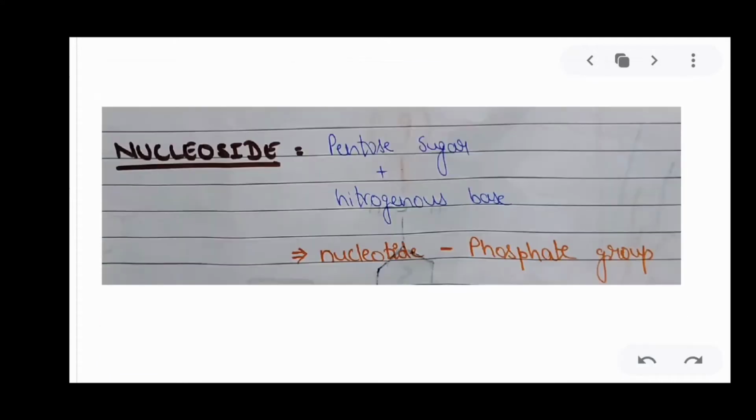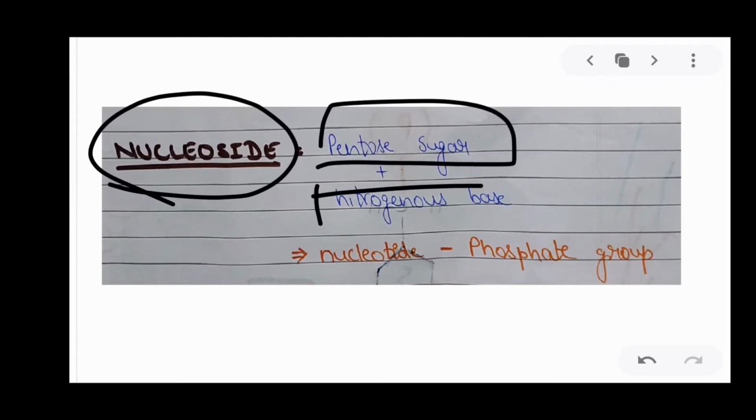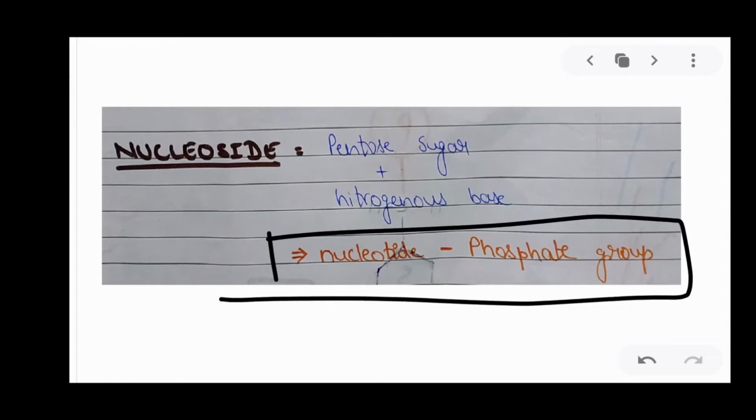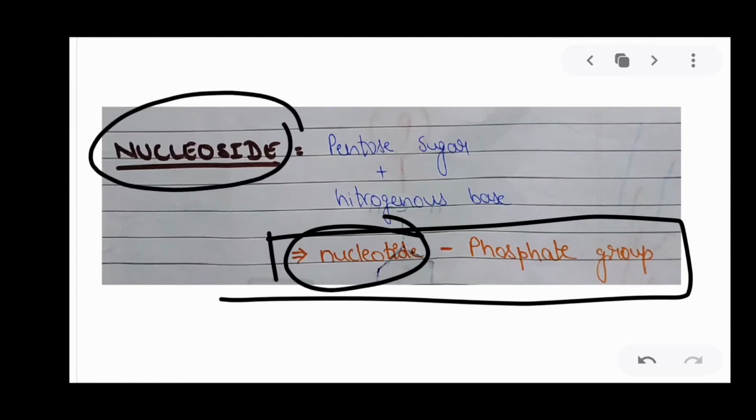Then what do you mean by nucleoside? Nucleoside is just the combination of two components, the pentose sugar and the nitrogenous base. You can also say that the nucleoside is the whole nucleotide minus the phosphate group. If you remove the phosphate group from the nucleotide, what you get is the nucleoside.